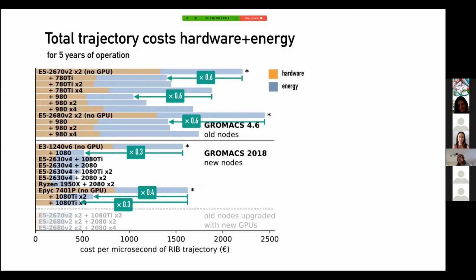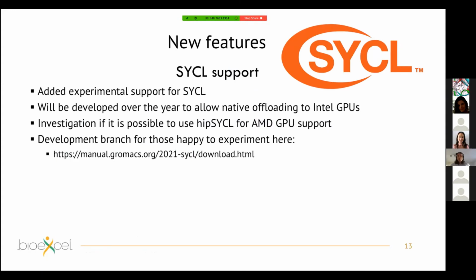All right, and now some other types of performance work that are ongoing in GROMACS. SYCL is basically a programming model that is being developed for hardware accelerators, GPUs. I would say the development there is being spearheaded by Intel, who is coming out with GPUs in the hopes of competing with NVIDIA.